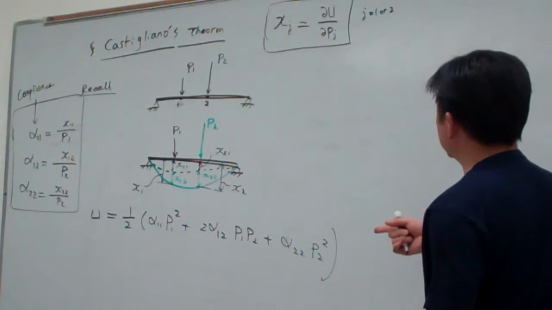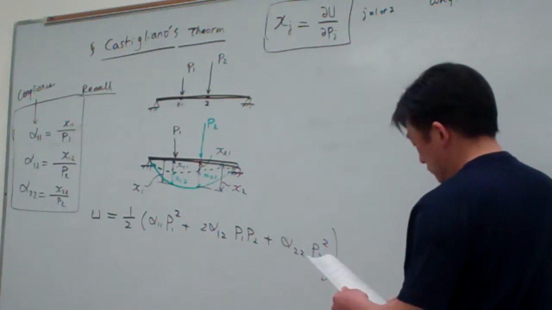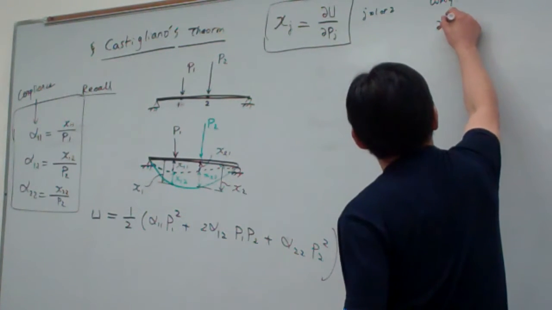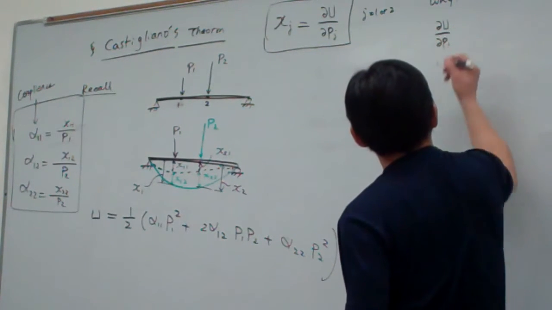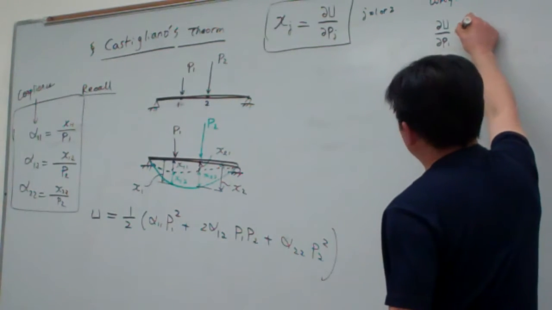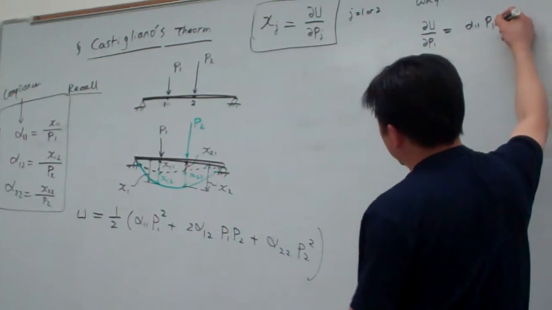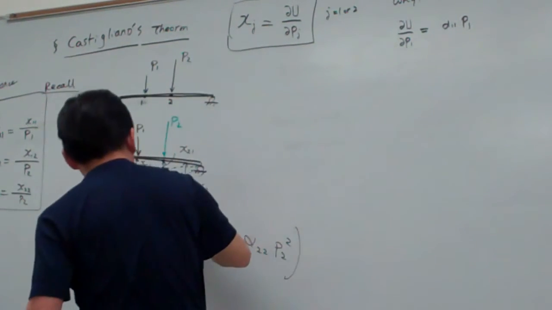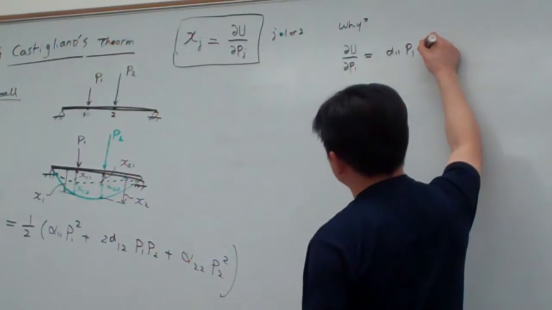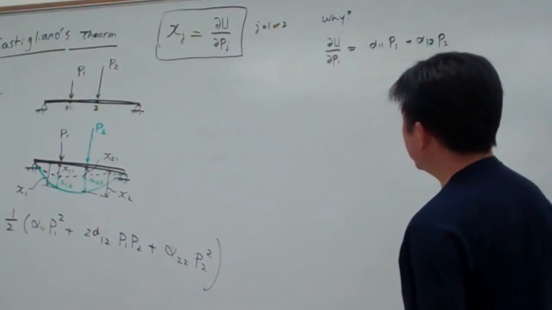And we can see why. For example, we calculate partial U, partial P1, and see what happens. Partial U, partial P1 will be equal to alpha 11 times P1 plus alpha 12 times P2. Are we okay?